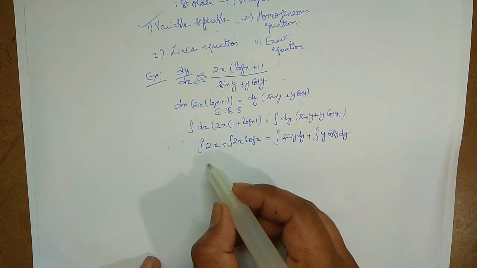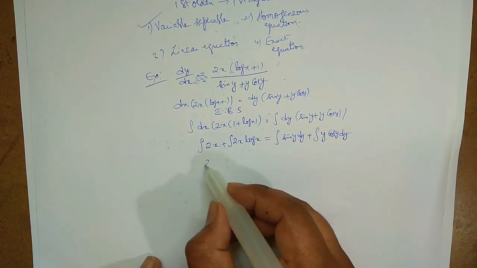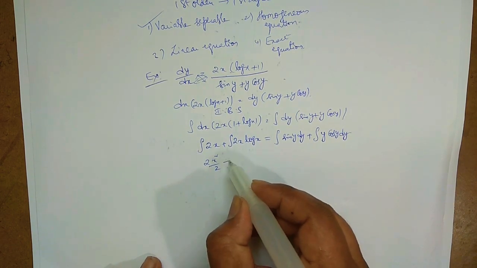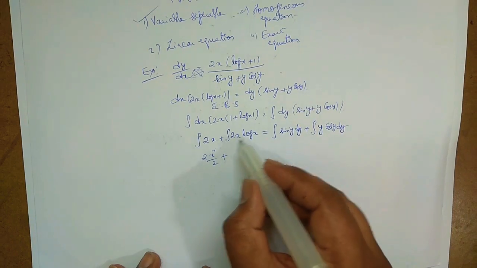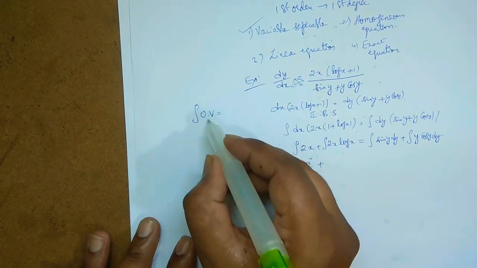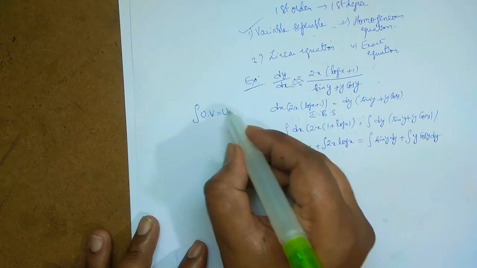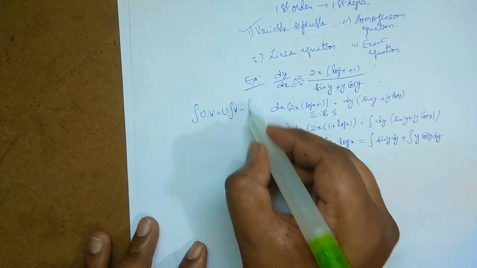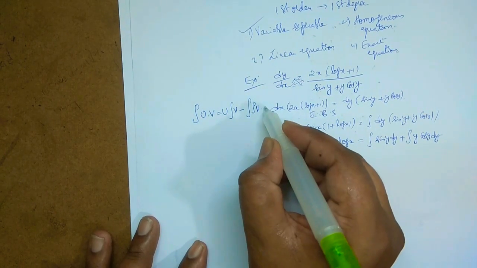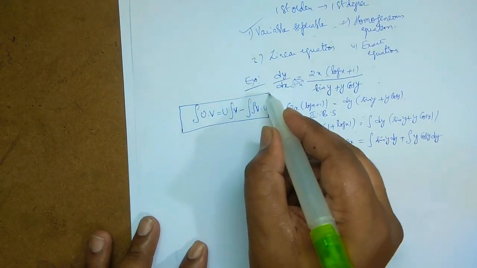Okay, so what is the integration of x? 2 is a constant anyway, so integration of x is x²/2. Plus, we have to do integration by parts here. I am writing it separately. See here, integral of uv, where u and v both are functions of x, is u into integral of v minus integral of (integral of v into derivative of u). This is the uv rule, as we call it, in integration.